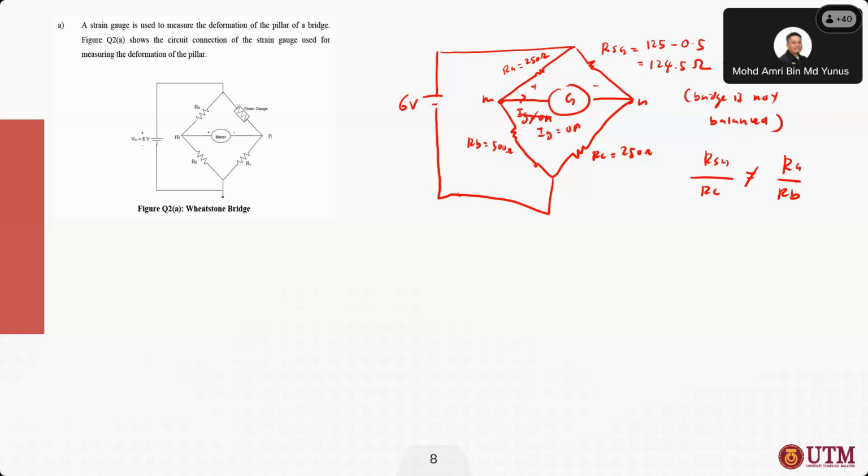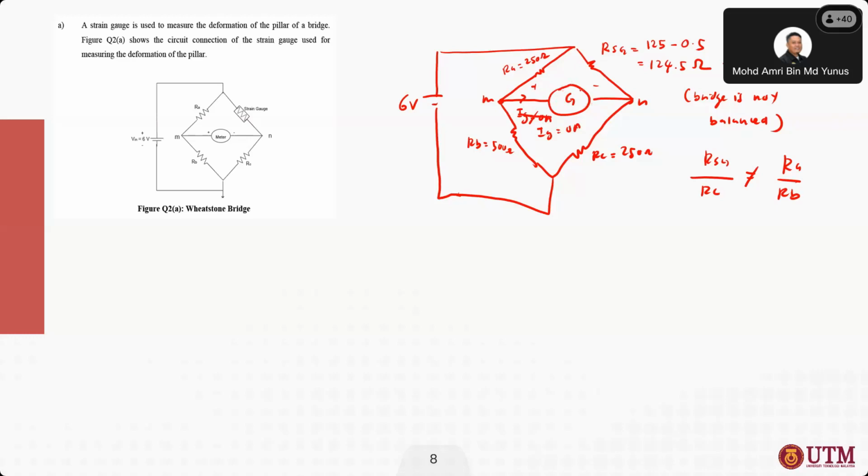A device that can fulfill that is a digital voltmeter.